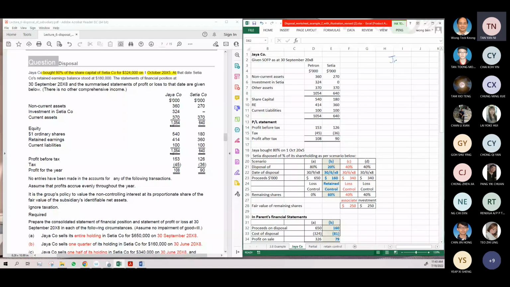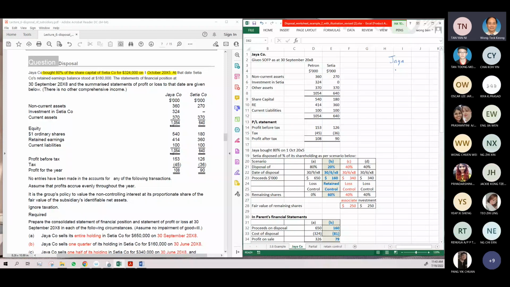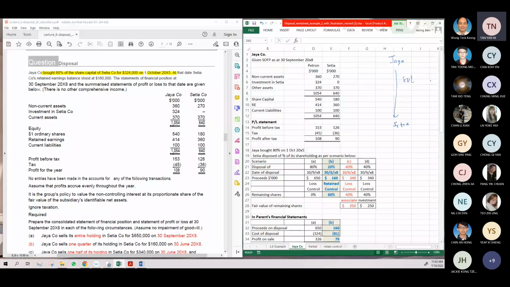So they bought Subsidiary, 80% on 1st October X5. They paid 324,000. So we have to compute goodwill.